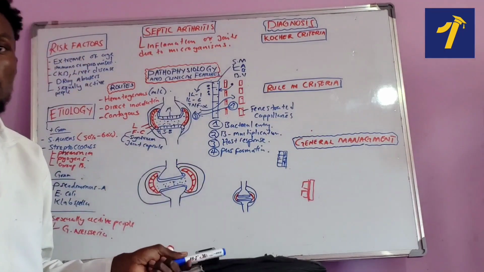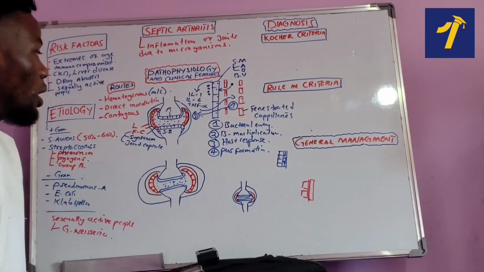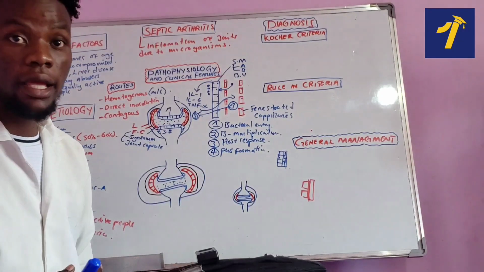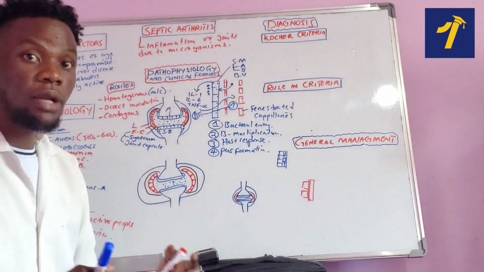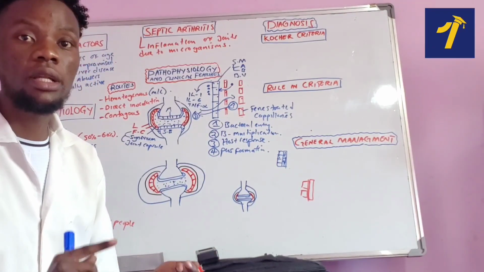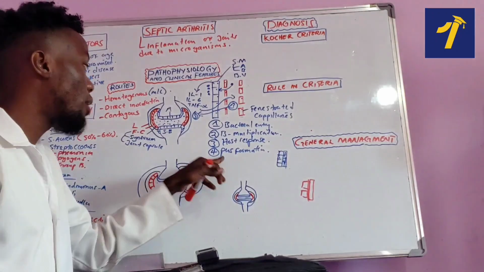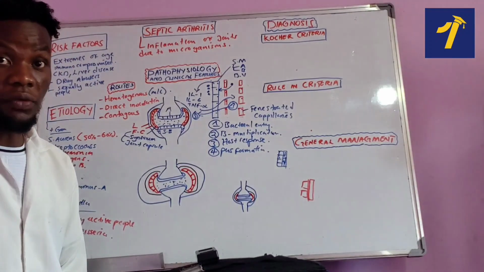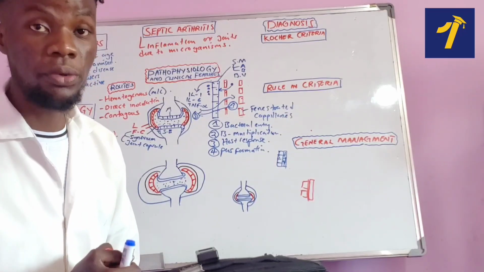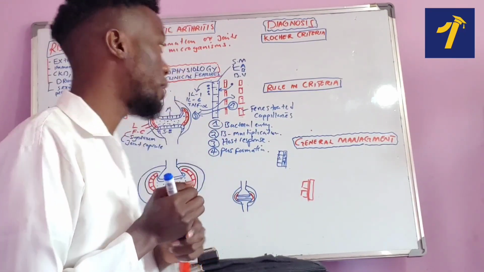Then maybe somehow they destroy the nearby tissues, resulting in what? Necrotic tissue. Then what else? Also these white blood cells can die, and they can combine with everything. The white blood cells can combine with the fluid, they can combine with what? Bacteria. And they can now form what we call pus. Very important concept, because in septic arthritis, pus formation or purulence is there. Okay, you need to take note of that.